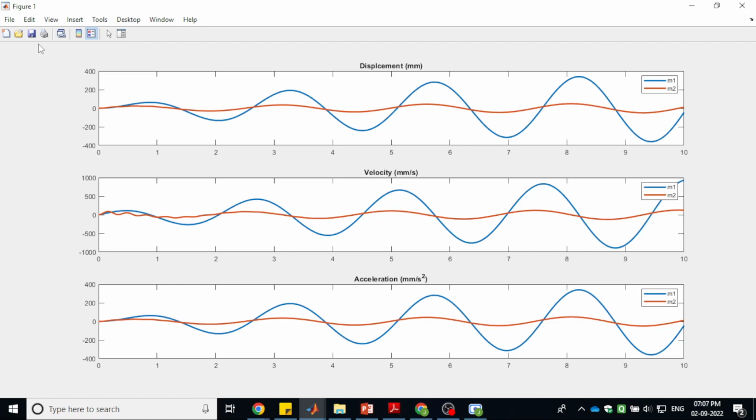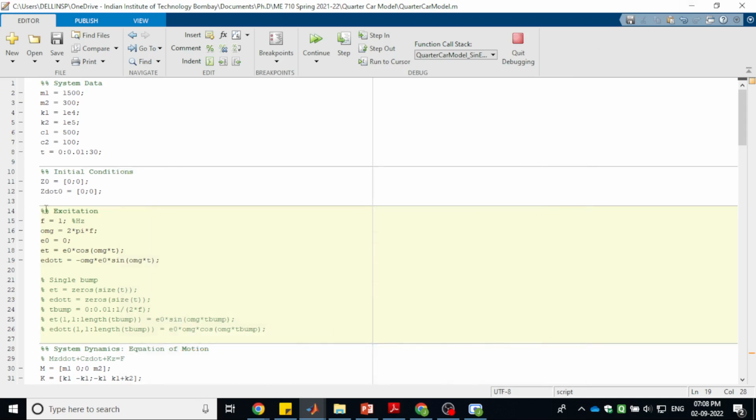Initially for a few seconds there will be some transients because of the free vibration of the system, corresponding to the natural frequencies, and then finally the system will acquire the same frequency as that of the forced vibration. This is the case where we apply sinusoidal force to the lower mass, or basically the wheels. We can see that the displacement and velocity are growing in amplitude.